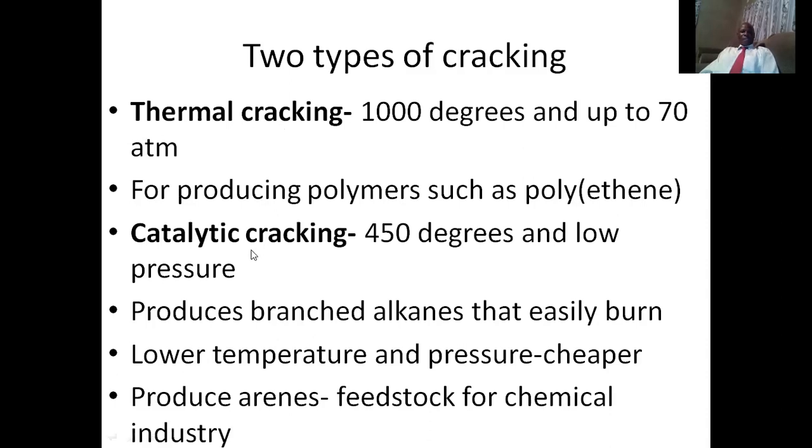And then we have the catalytic cracking, which has a lower temperature of about 450 degrees and also lower pressure. Catalytic cracking is very advantageous compared to thermal cracking because the produced branched alkanes can easily burn, and the lower temperature and pressure make it very economical because it's cheaper.